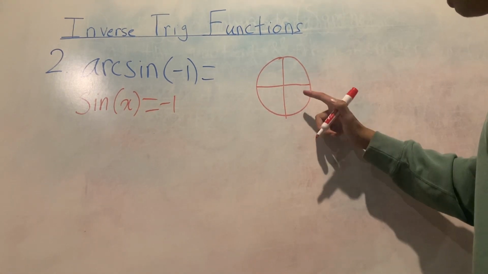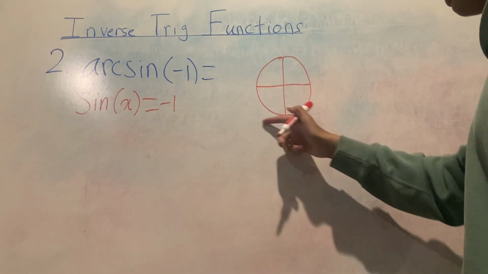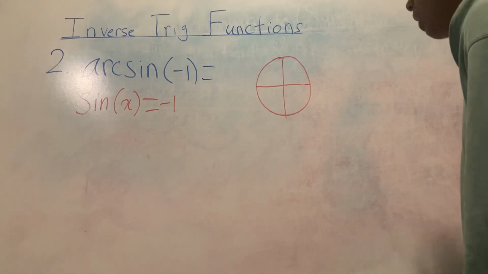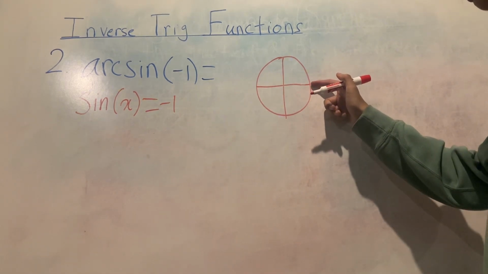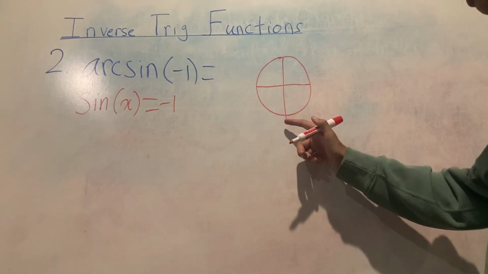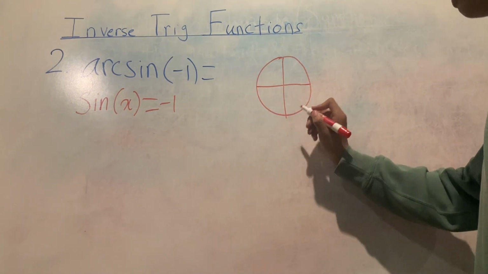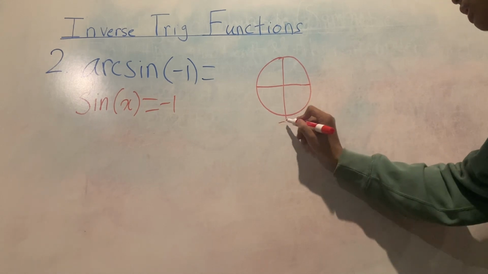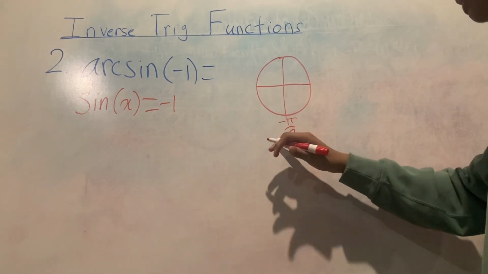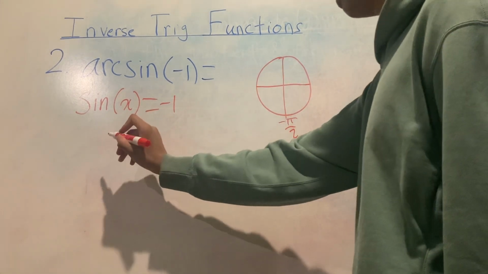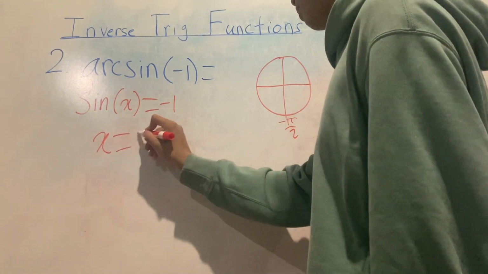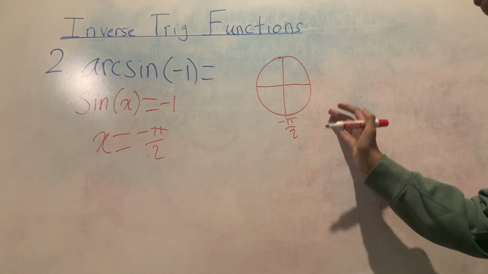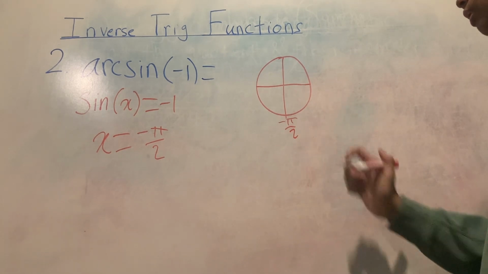To get to 270 degrees, you would have to go all the way around, crossing through quadrant 2 and quadrant 3, but you can't do that. That's why we have to go straight from here and use negative angles. So 270 degrees is the same thing as -90, but let's use radians, so that means negative pi over 2. That's why negative pi over 2 is the only answer, even though 270 degrees is the same angle. Arc sine cannot have 270 degrees.